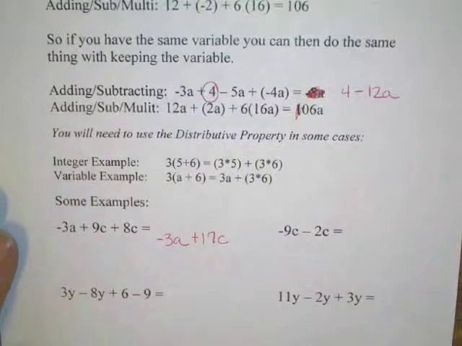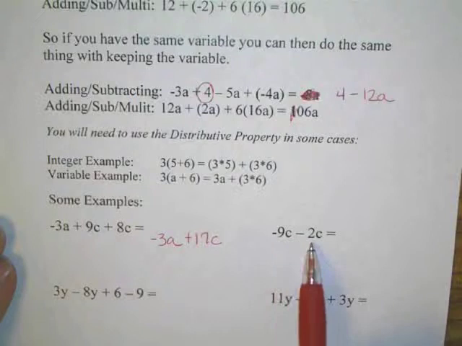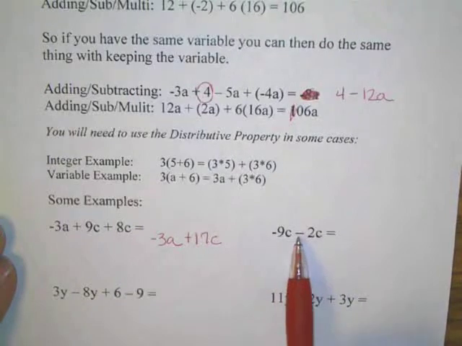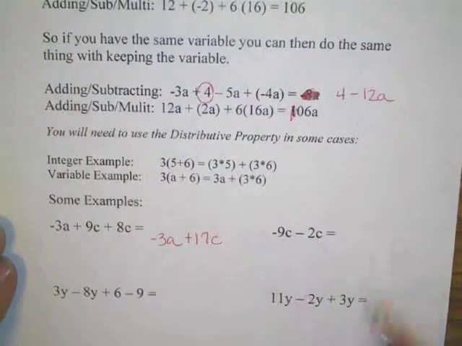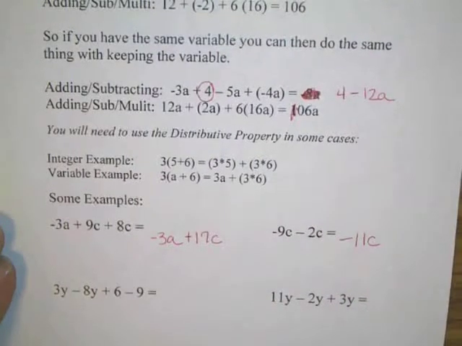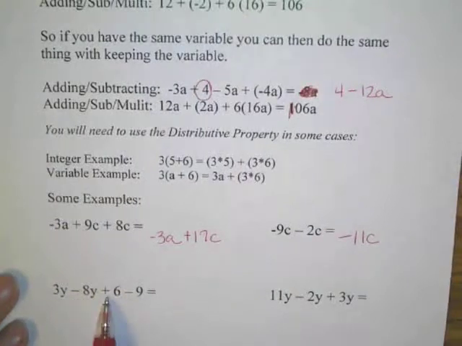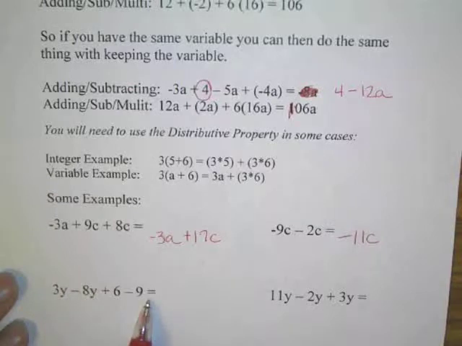Pretty simple, right? The next one, -9c minus 2c. So -9 minus 2 is -11, and we just add a c. Next, 3y minus 8y plus 6 minus 9. How you would start that is you can combine your y's, and then your other numbers.